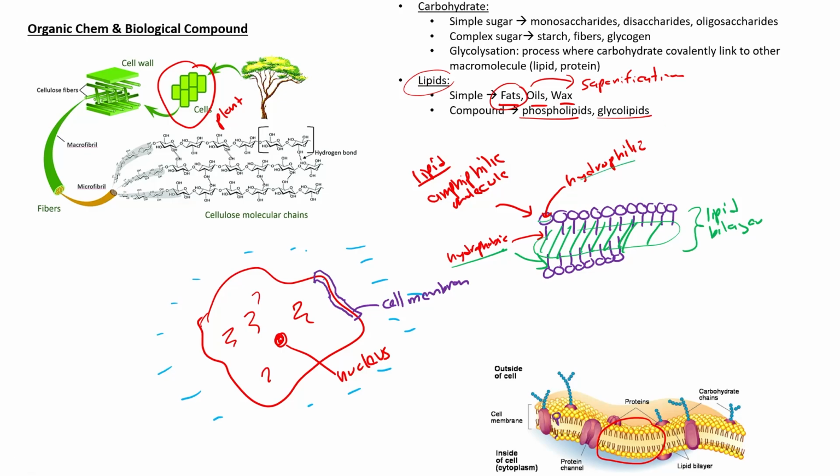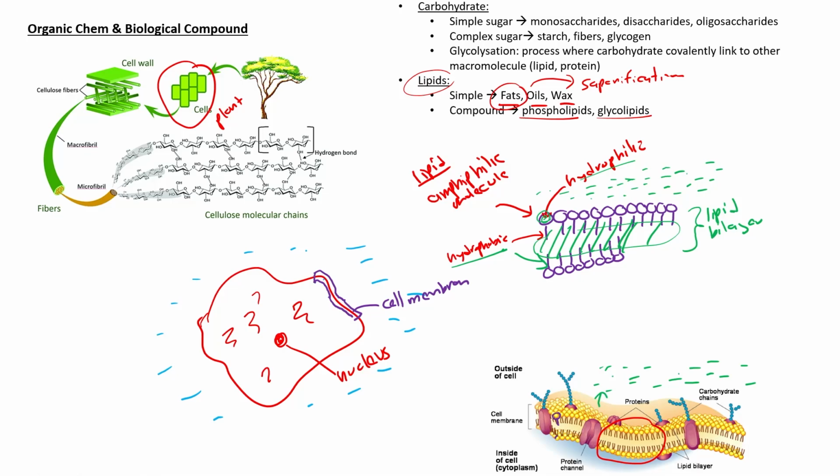So the hydrophilic here makes contact with the outer world, like our blood, the water. So the outer environment here is hydrophilic. That's why the head is facing the water.